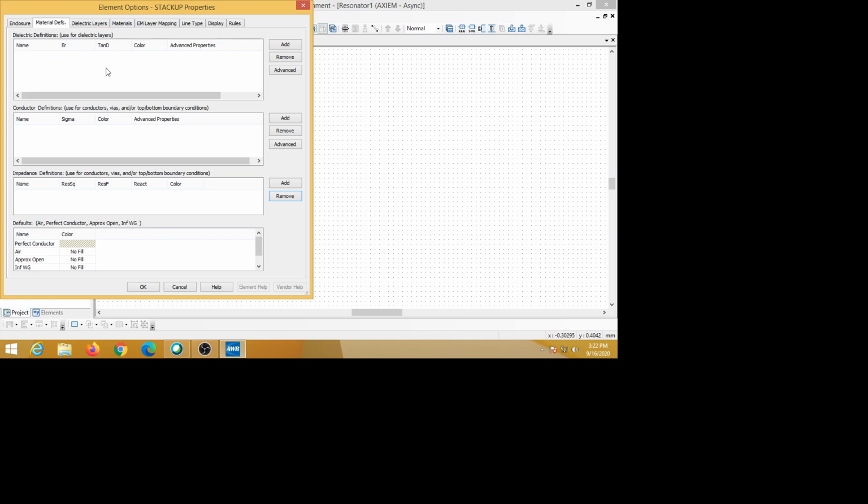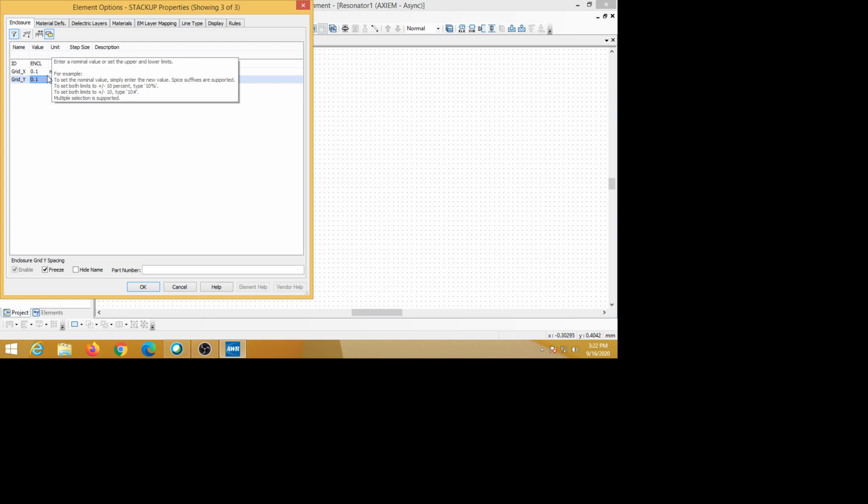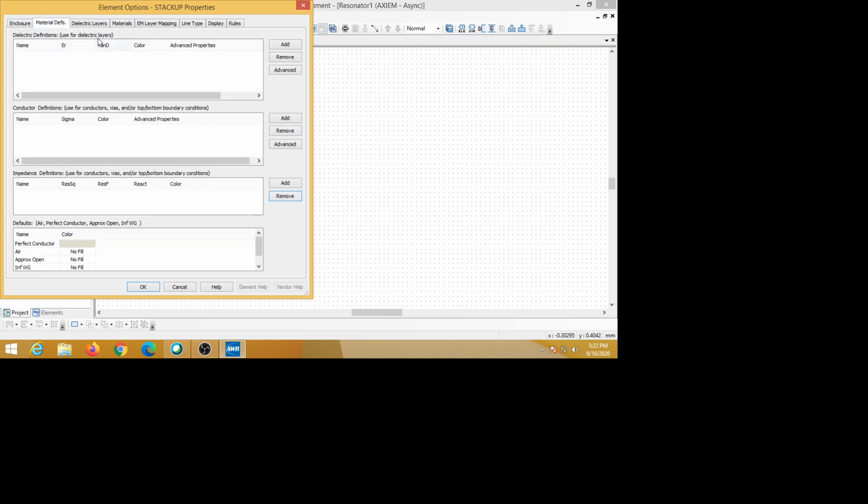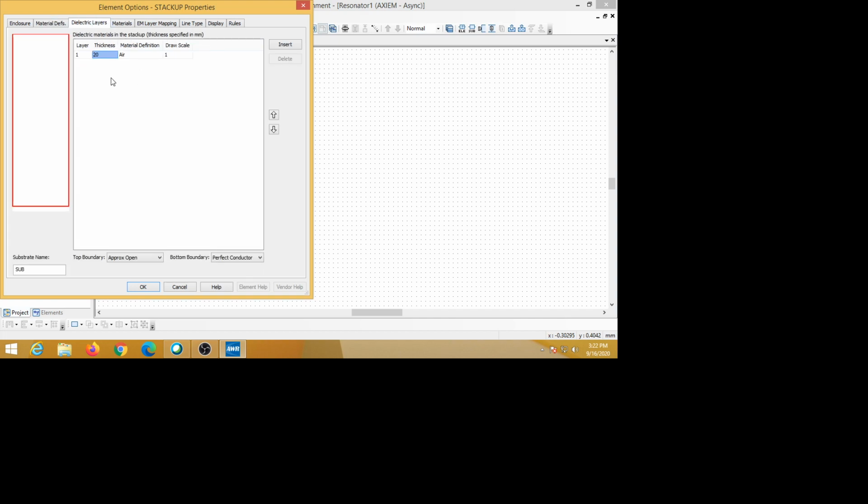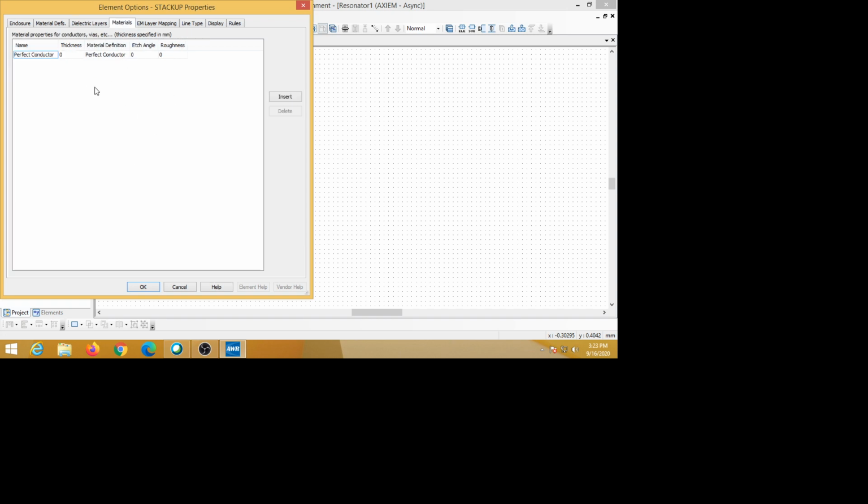Okay, so what we have to do, for the enclosure, it is 0.1 we have to set, and you should clear all. So it is cleared, in the dielectric layer also, except the air thickness we have to keep, and remaining nothing is there. First we should do all this.